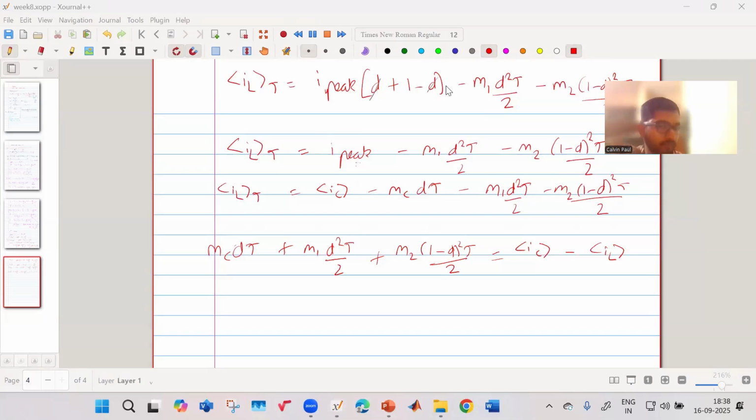Parvati, what should we do? Sir, find the value of D. We're not exactly finding the value of D, we're finding the value of the D perturbation. Okay, Arun, what do you think we should do?